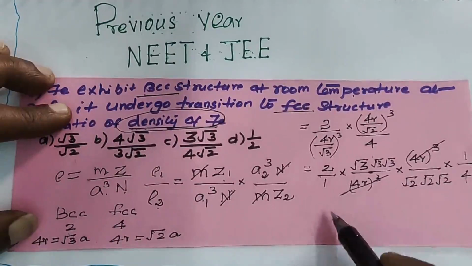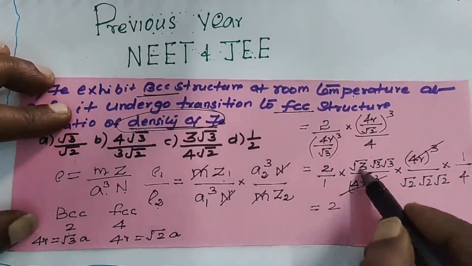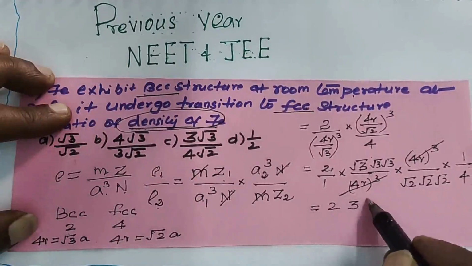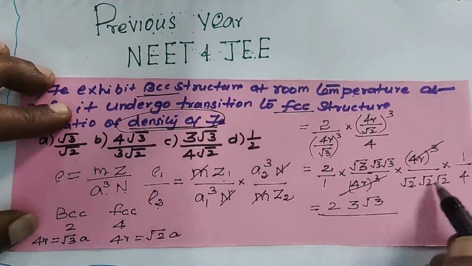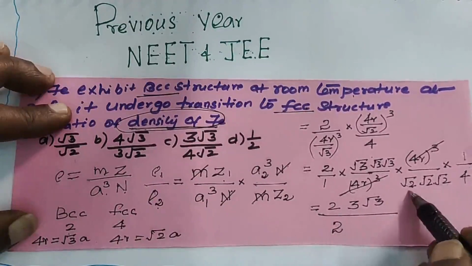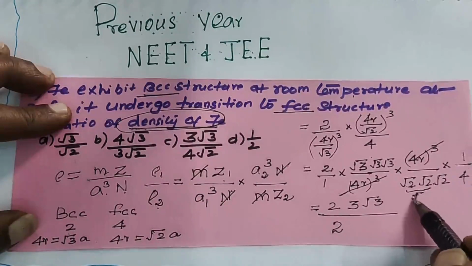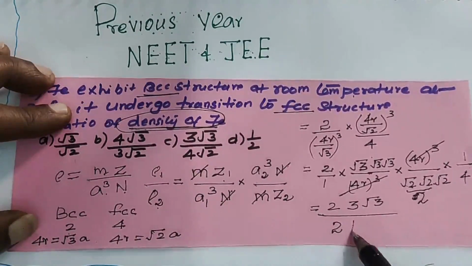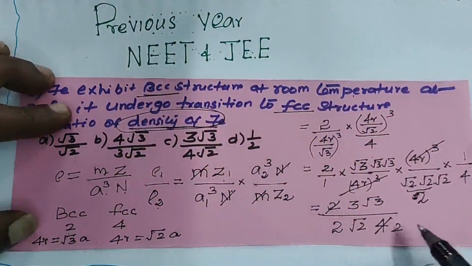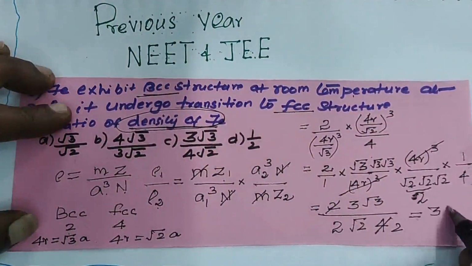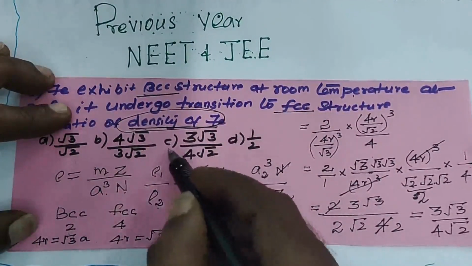Here 2 into 3 root 3 divided by 2 root 2 into 4, the 2 and 2 cancel. So the answer is 3 root 3 by 4 root 2.